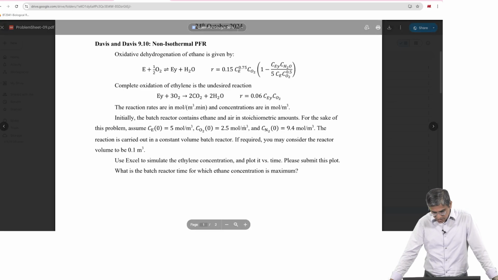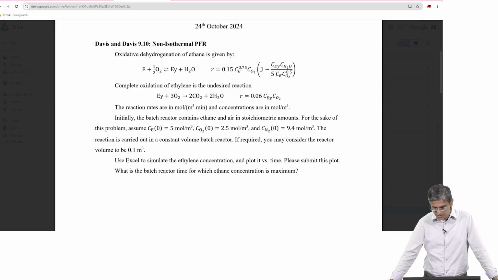The only thing that is correct about this is the form of this equation. Okay, the thermodynamics form is actually correct. Equilibrium constant is not 5. Equilibrium constant has a temperature dependence, right?